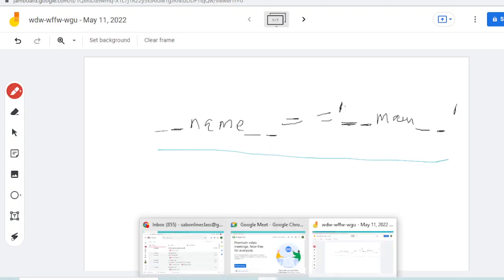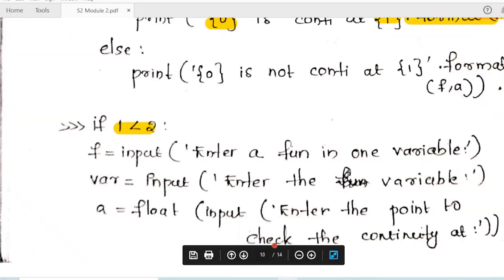Either you can write this, or you can write 1 less than 2. Any true statement can be written, or as said earlier, name equal to main. After the colon, you'll be giving the 3 inputs that we require.